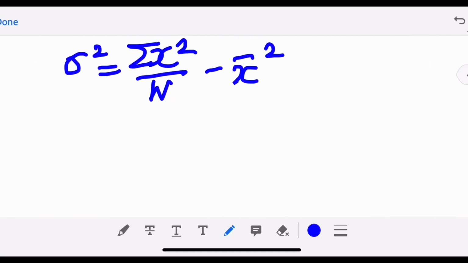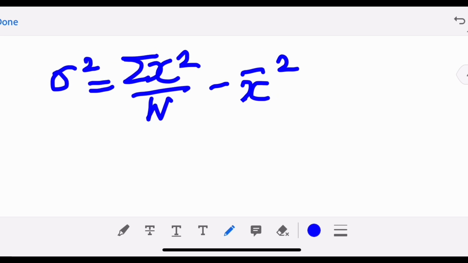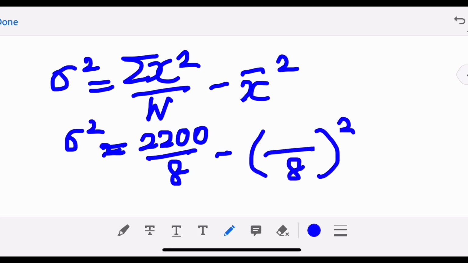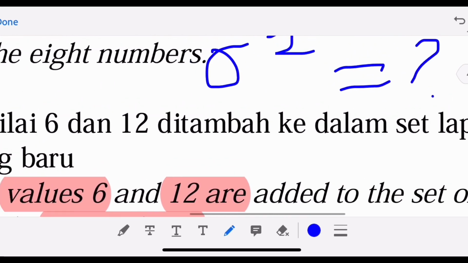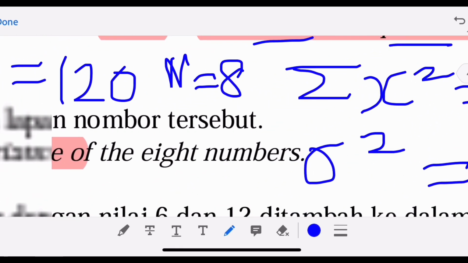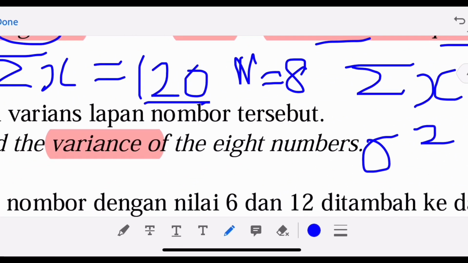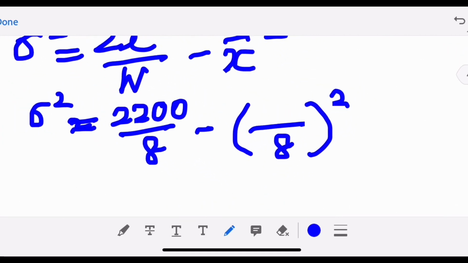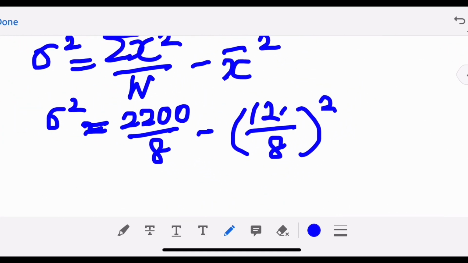So let's substitute into the formula: variance is equal to 2200 divided by 8 minus the mean square. Okay, the mean is given, the sum of the numbers is 120. So we take 120 divided by 8. So that is the so-called mean.